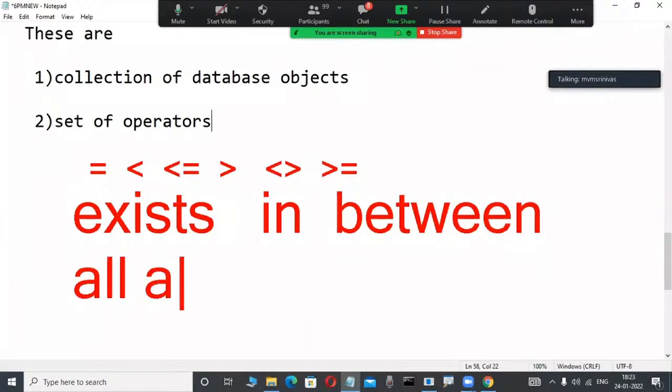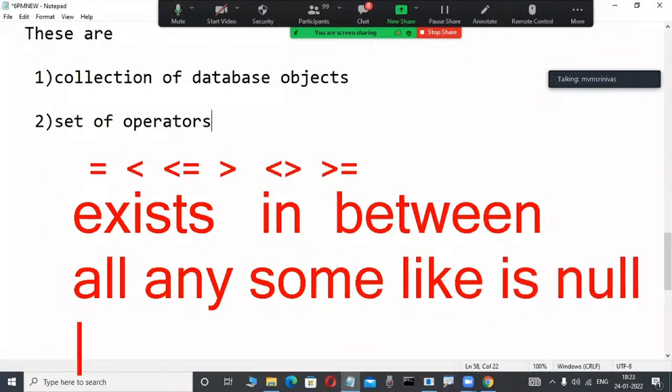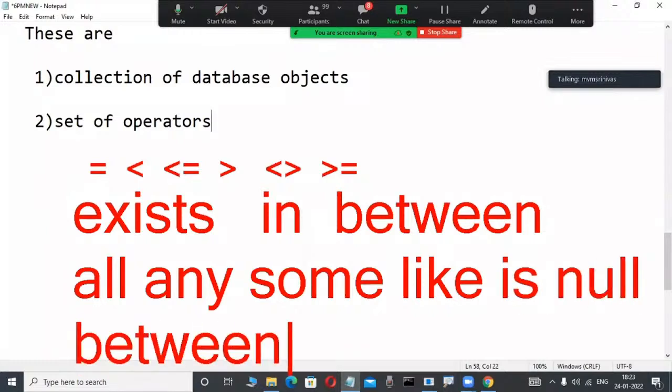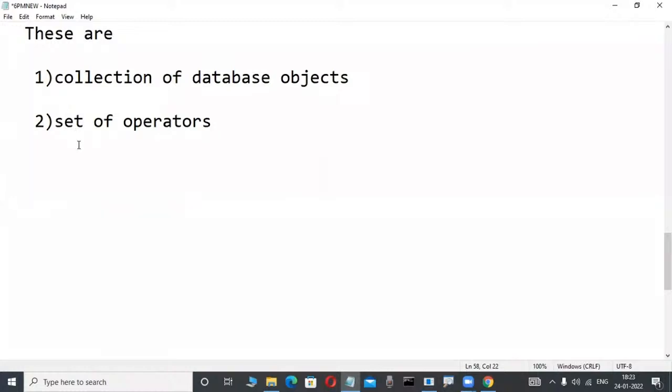All is an operator. Any is an operator. Sum is an operator. There are so many different operators. Like is an operator. Is null is an operator. Between is an operator. This type of so many special operators are there. These are special. What is exists, what is in, what is the difference between exists and in, where we are using them, what is the performance tuning, we learn all those things in our course. What is like, what is between, where we are using them. Through these operators we are operating only.